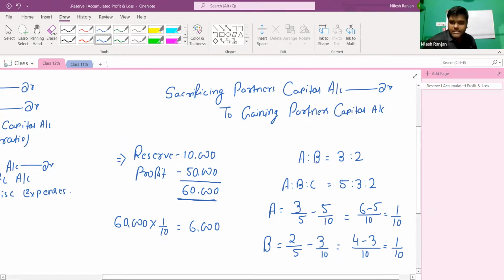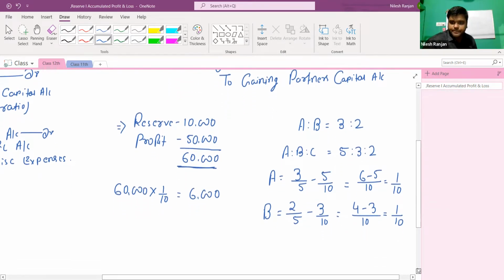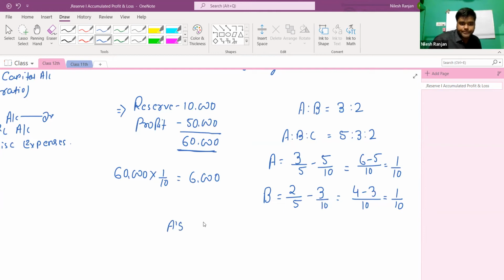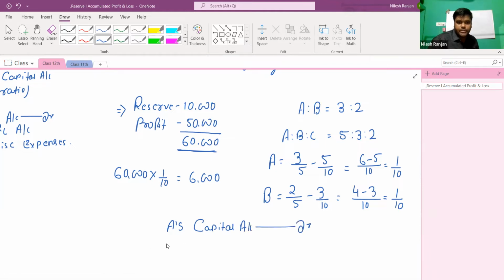So we will pass this journal entry like sacrificing partners' capital account debit to gaining partners' capital account. Sacrificing is A capital account debit, B capital account debit, because these two are sacrificing partners, that's why their capital is debited, and C capital.